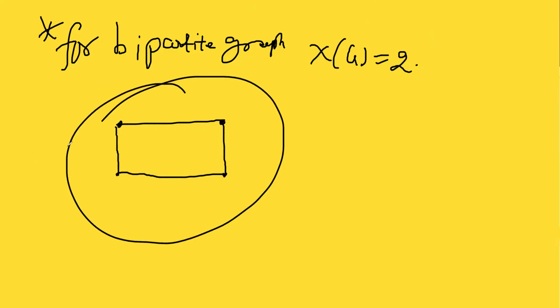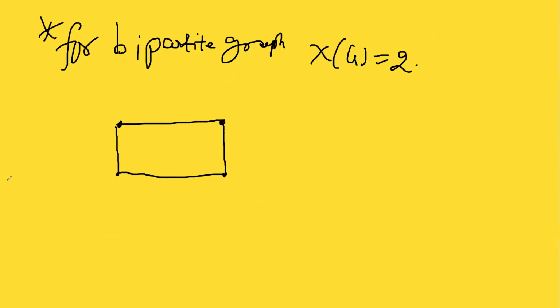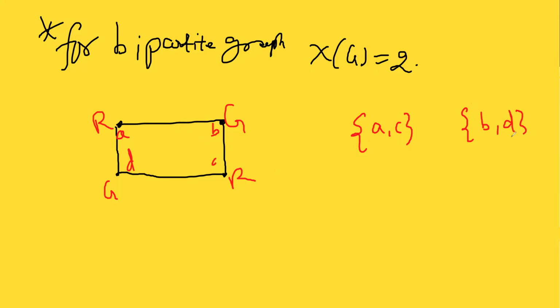So what is the chromatic number of this graph? 2. Suppose this is red and this is red. This is green, this is green. Right? A, B, C, D. So you can divide this graph into two parts. A and C taken together and B and D taken together.